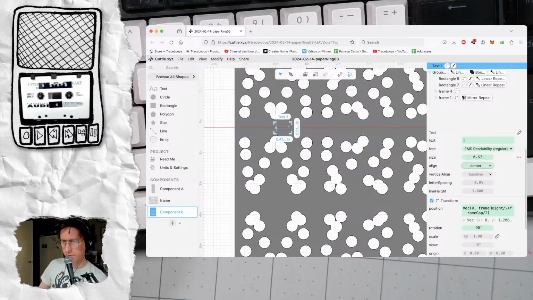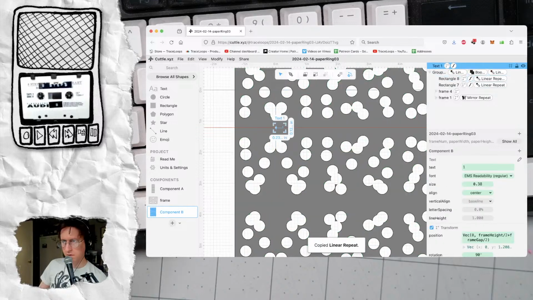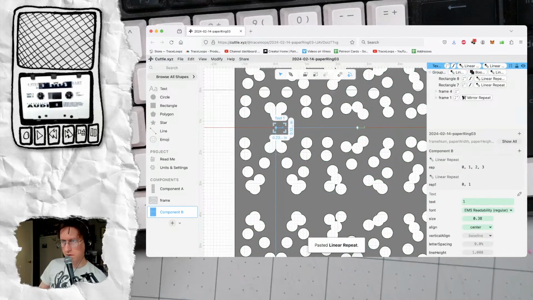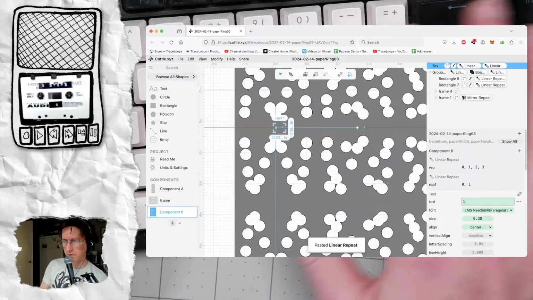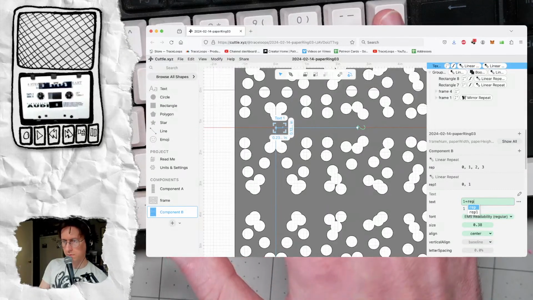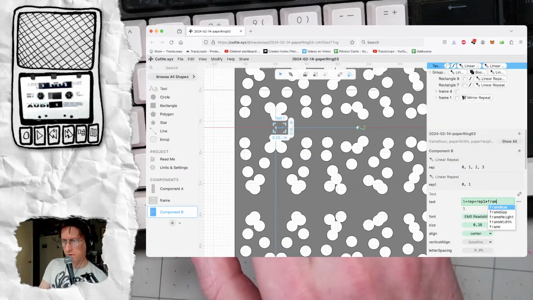Scale is still a bit smaller. And now let's copy this repeat and copy this repeat. And this is 1 plus rep 1 times frame num.